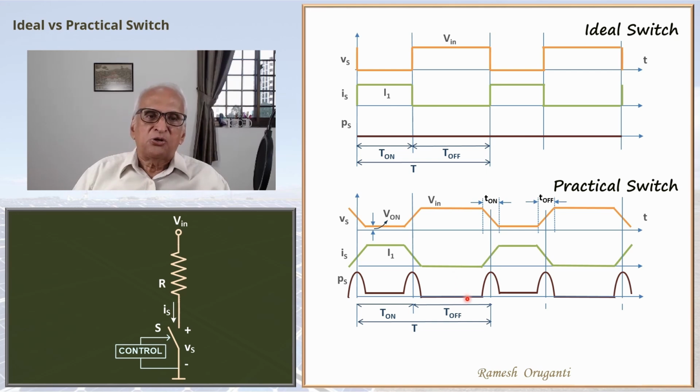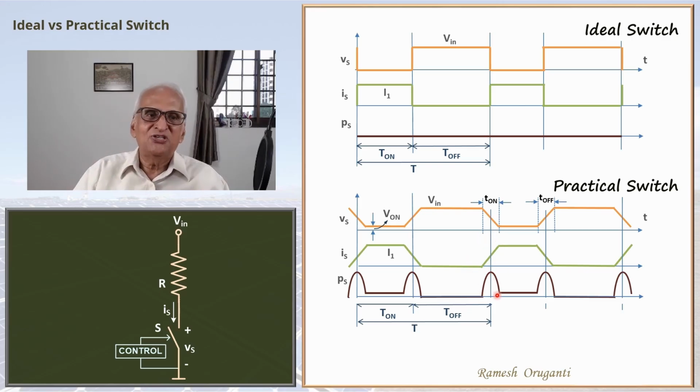And during the turn on interval, that is the switching transition interval, when you turn the switch on, both current and voltage are present, so there will be a power loss that is indicated by this parabola.